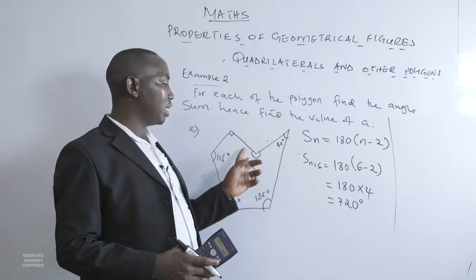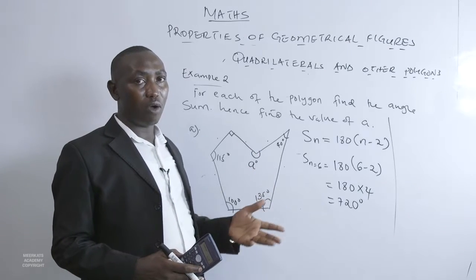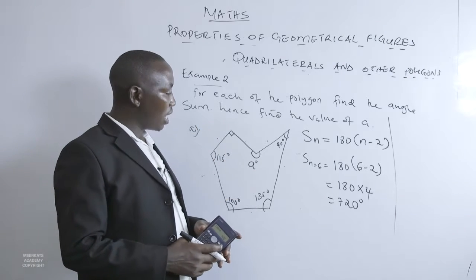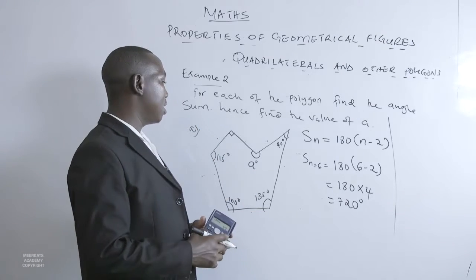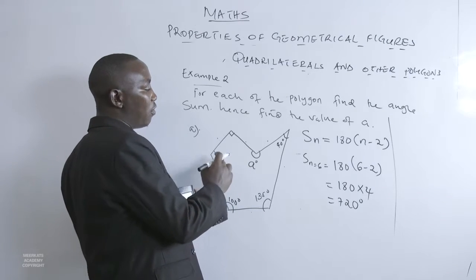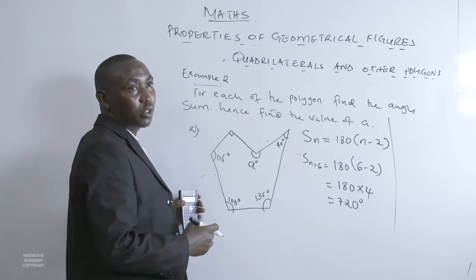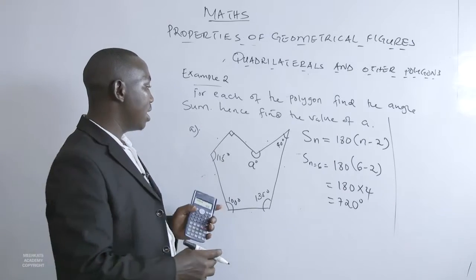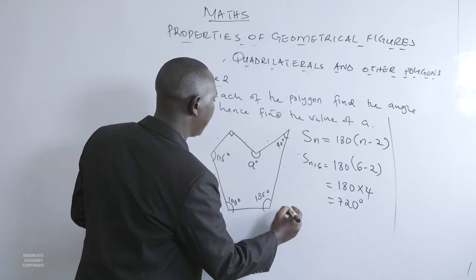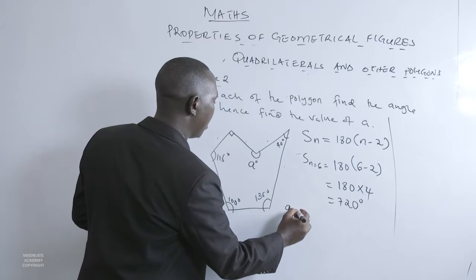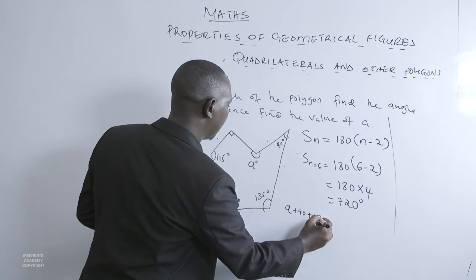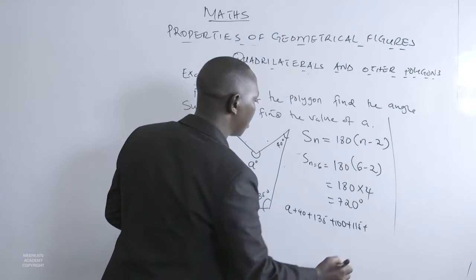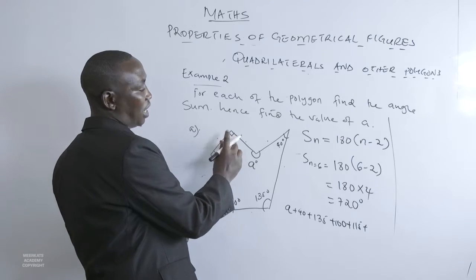work is to find the value of A. You can see that this A is an obtuse angle which is more than 100, or it's going to be a reflex angle. Now for us to find A, we sum all these angles and equate them to 720. So this will be A plus 40 plus 135 plus 100 plus 115 plus, what does this sign mean?